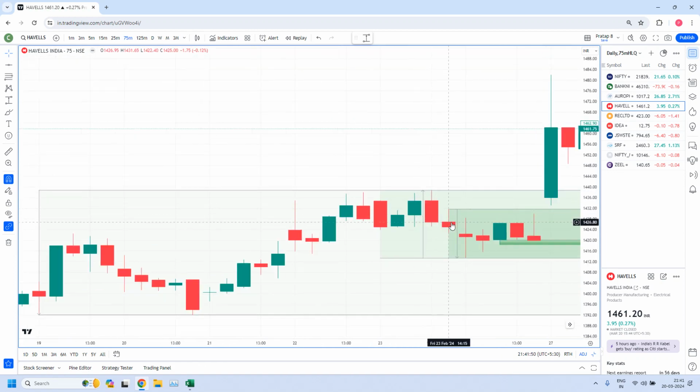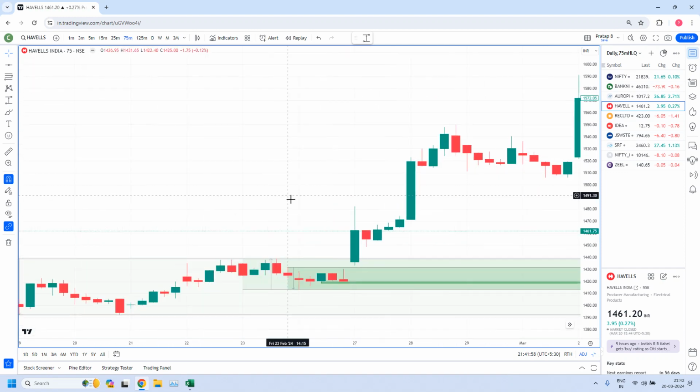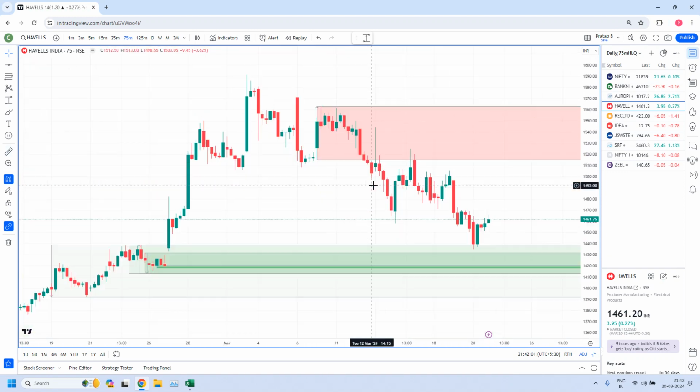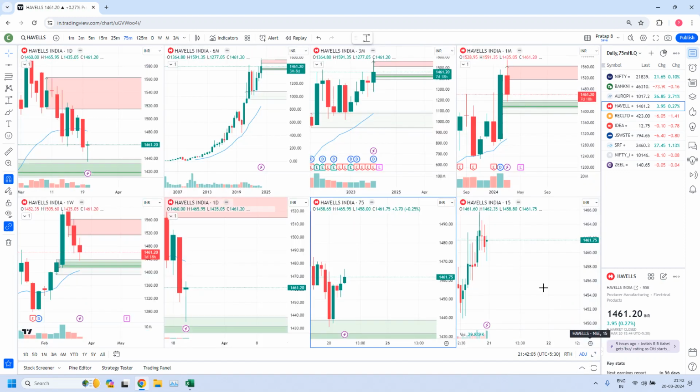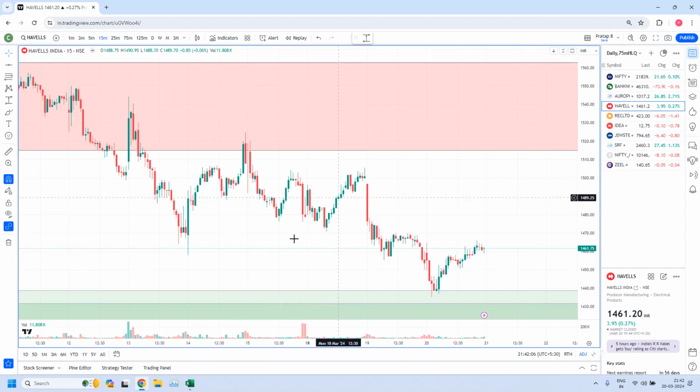Here we have a drop candle, 1, 2, 3, 4, 5, 6 base candles, and again a rally candle with gap up. That means pro gap is there. And inside this 75 minutes, again we fine tune to 15 minutes.